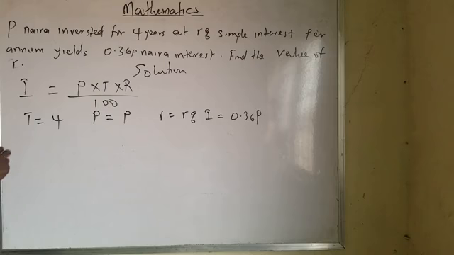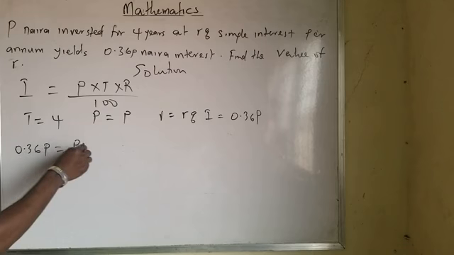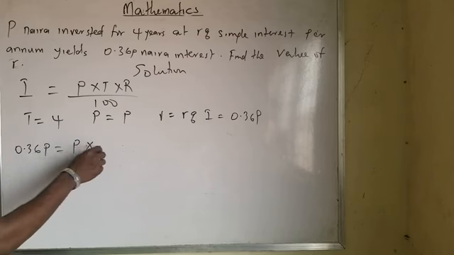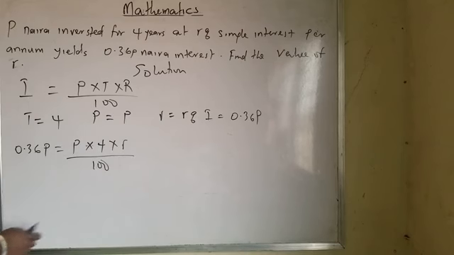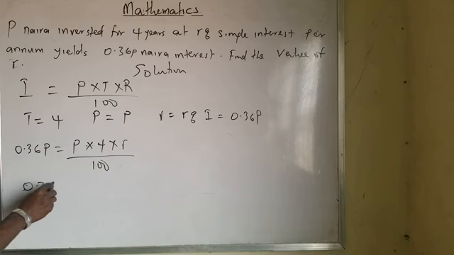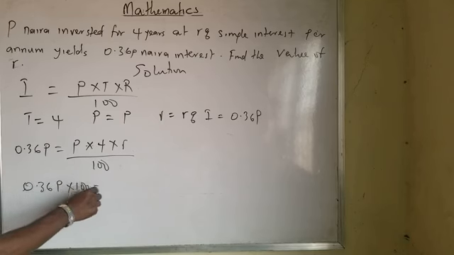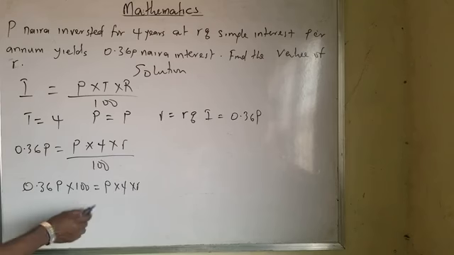Now, it means I'll be having 0.36 P equals P multiplied by time, which is 4, multiplied by R divided by 100. For those that are not understanding, 0.36 P multiplied by 100 equals P multiplied by 4 multiplied by R. Now, divide both sides by 4P.